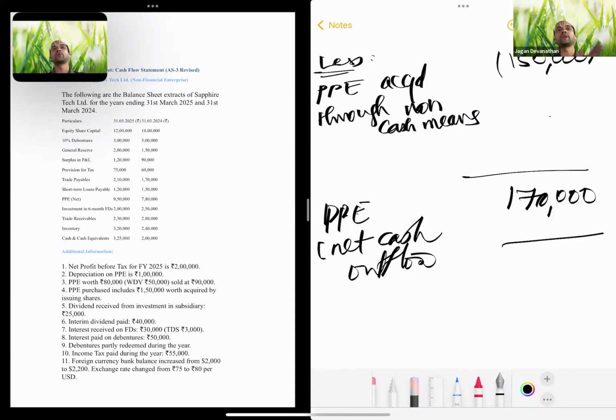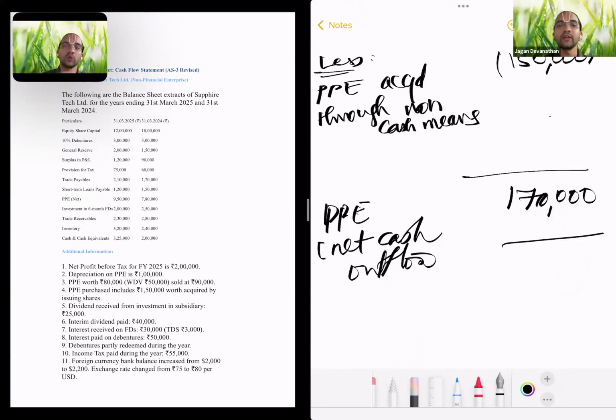You would have said closing minus opening is 1,70,000, but you will not know what are the adjustments that you have made. It may not be the accurate answer if you just subtract the closing minus opening.